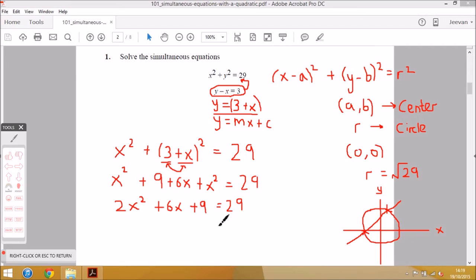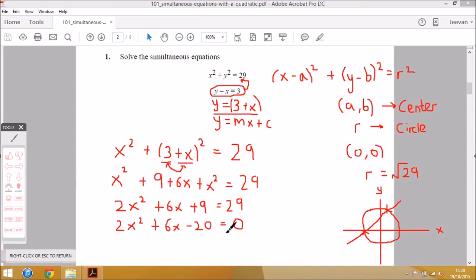Okay, bringing this 29 to the left hand side, we're left with 2x squared plus 6x. This 29 is positive on the right hand side, so it becomes negative on the left hand side. So plus 9 minus 29 goes down to minus 20, and that's all equal to 0.